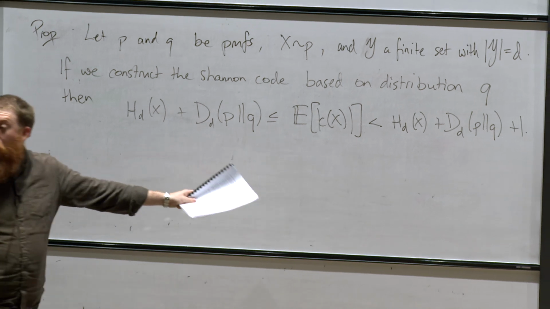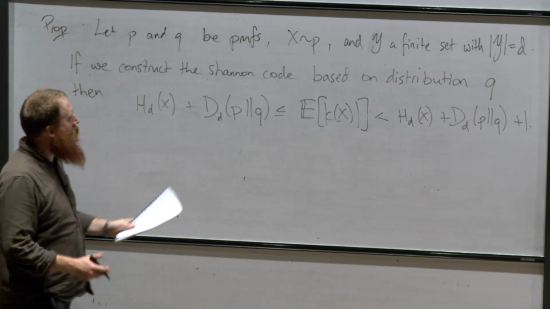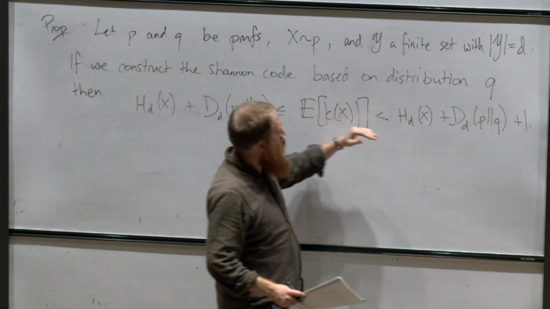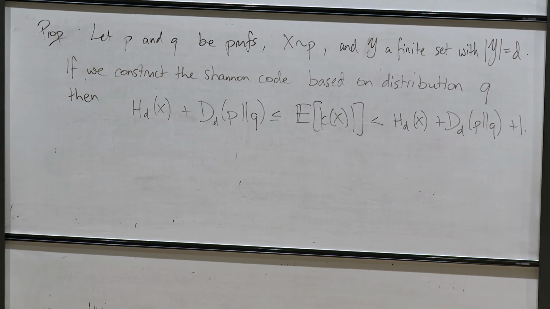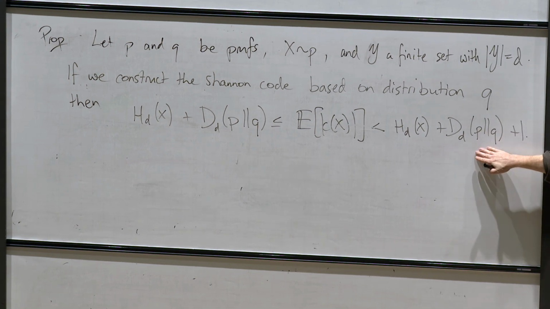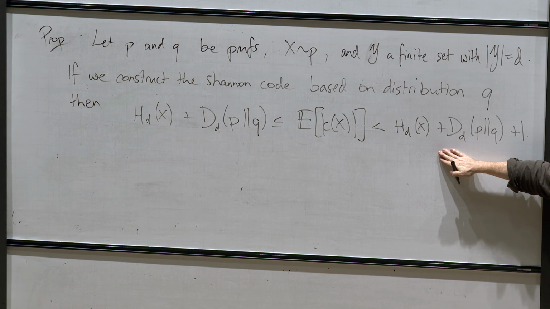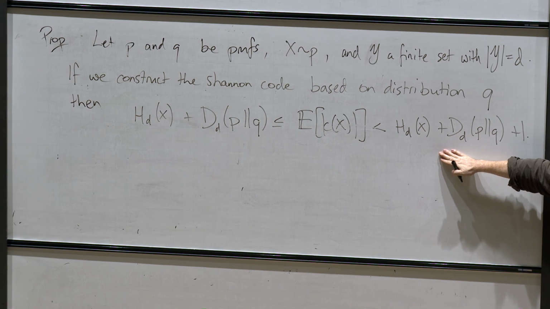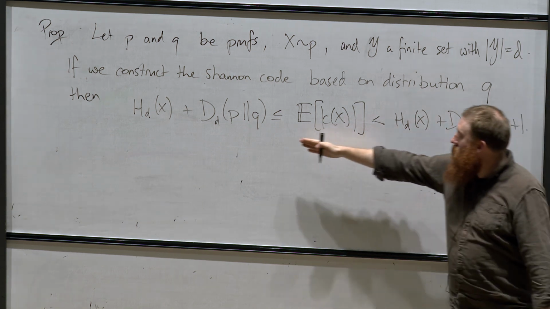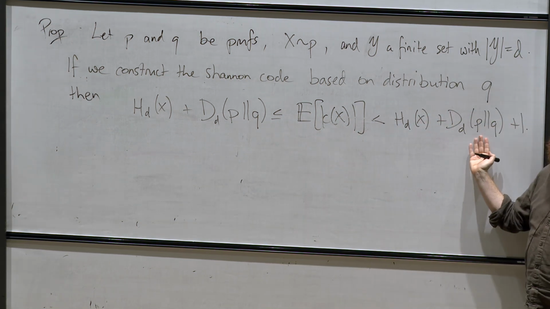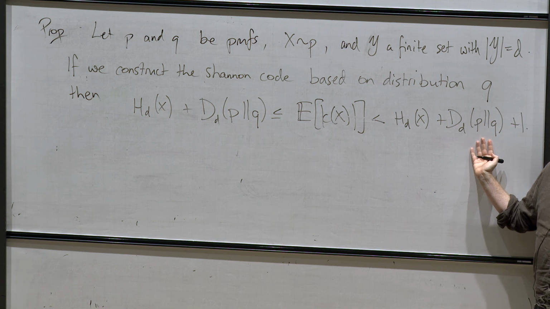And this is where the divergence comes in. We get a precise bound on how much worse we could be doing. Okay, the Shannon code gives us something which is at most 1 worse, so it at least doesn't do worse than our upper bound that we've shown. On the optimal code, it might not be optimal, but it's not doing a lot worse. And even if I construct it with the wrong distribution, if this divergence isn't too big, then I get something that isn't too bad.